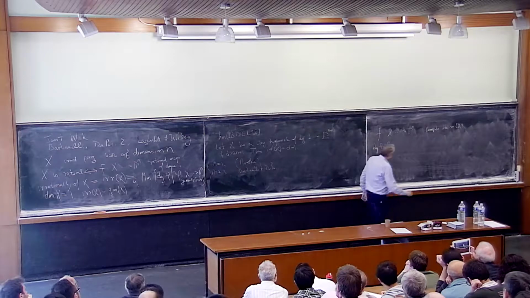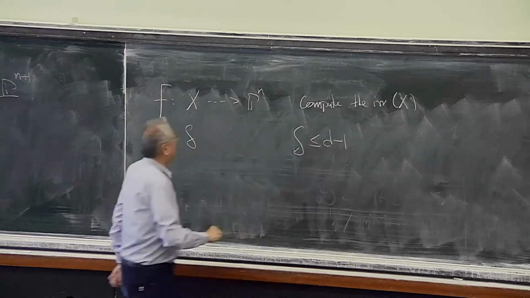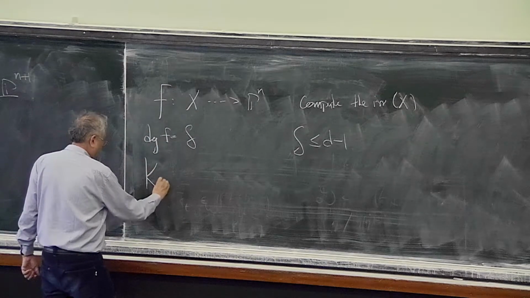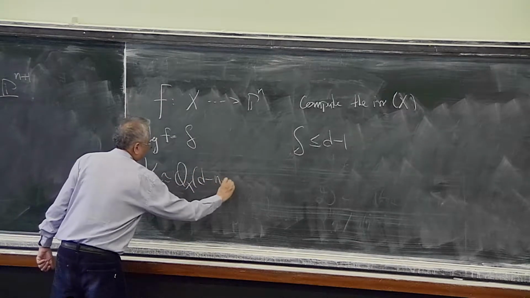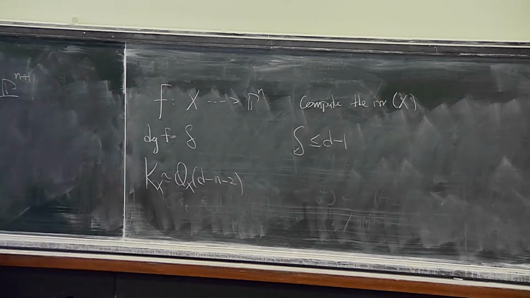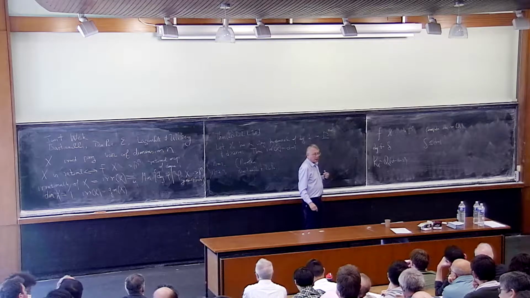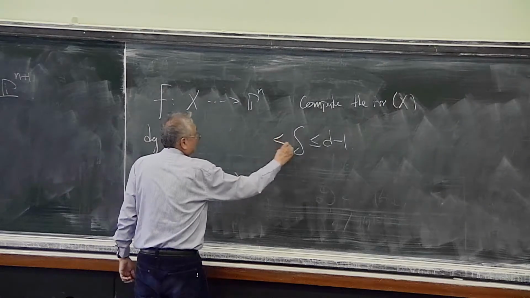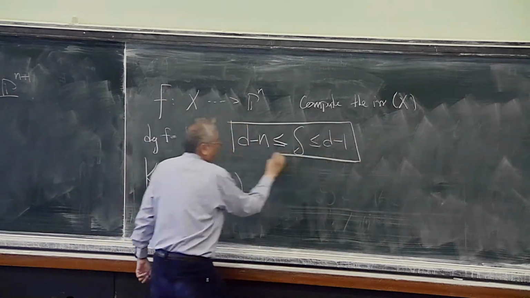And so we know delta is less than or equal to d minus 1. And we know the canonical bundle of X is O(d minus n minus 2) by adjunction. From the canonical bundle, it's not hard to prove that a curve through a general point has gonality at least d minus n. And from that, you can deduce that this number is between d minus n and d minus 1.